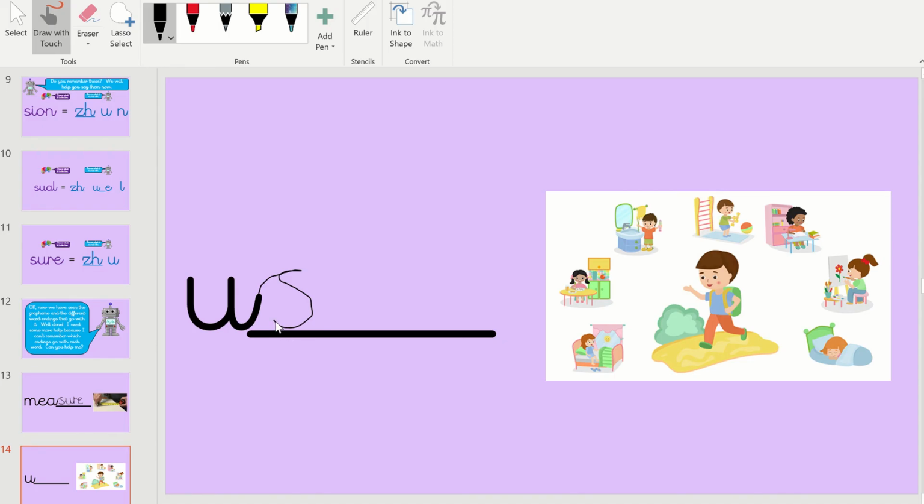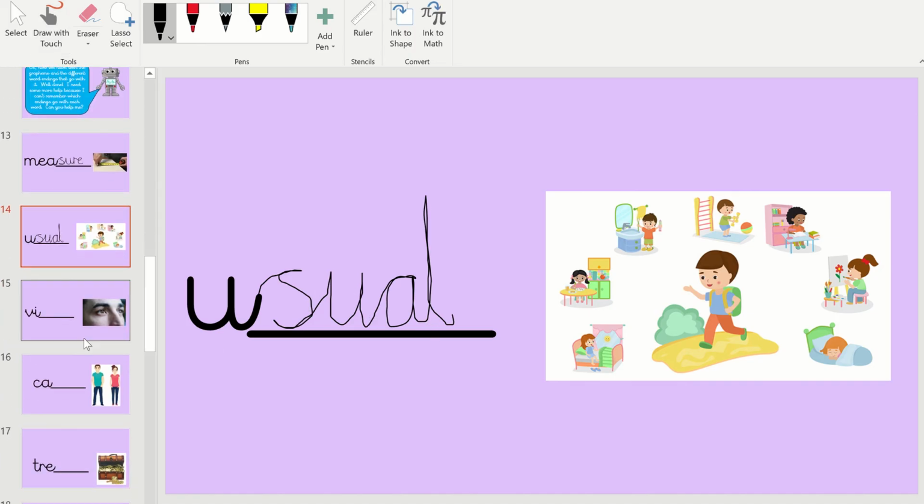Then it's the U, A. Usual. Okay. Sual. Right. Let's have a look at the next picture. So that one was the S, the U, the A, and the L. Sual. Very strange spelling, that one.